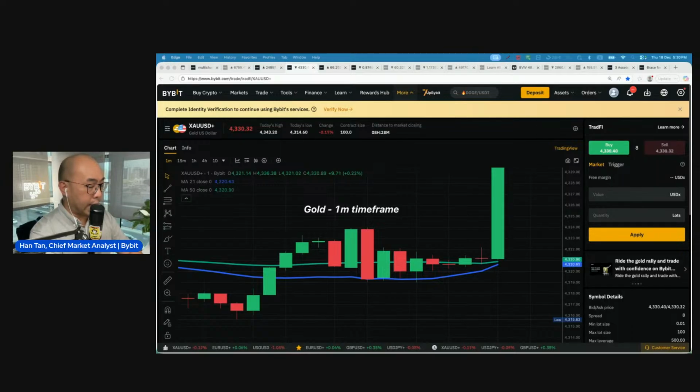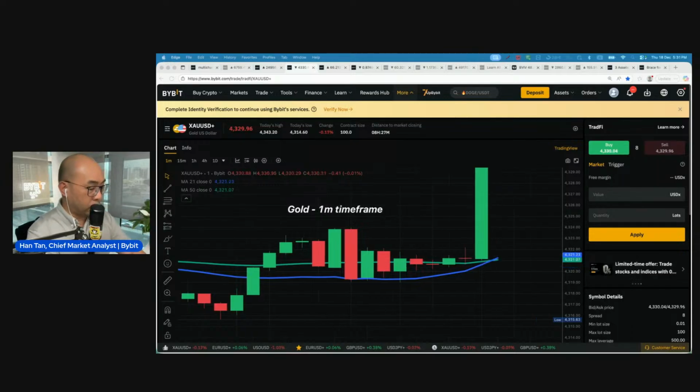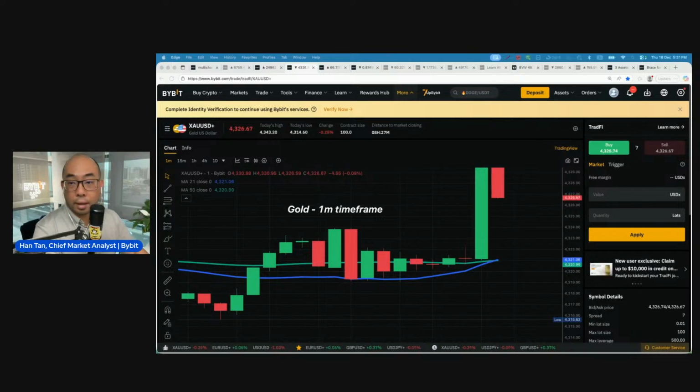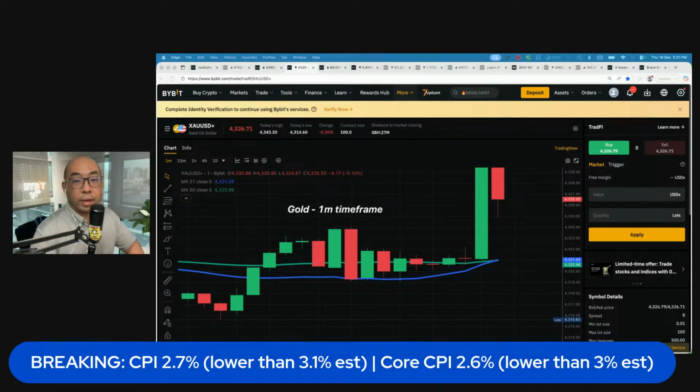Core CPI actual is 2.6%, lower than 3% estimate. Okay, so there we go. I'll add the banner and I'll show it to you right now. Okay, so those are the official numbers there.